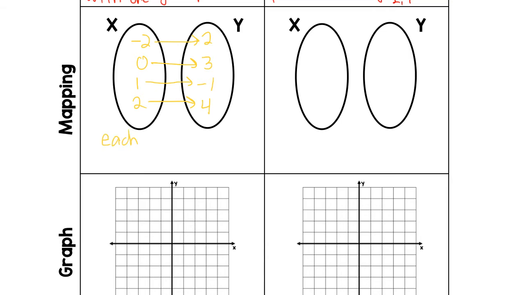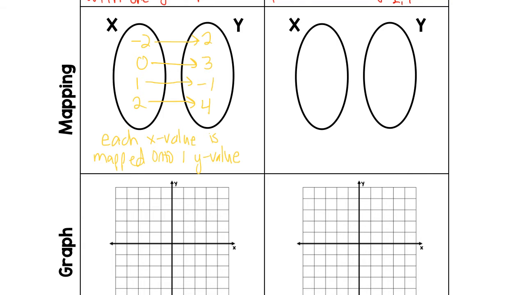That says that each x value is mapped onto one y value. Okay, yes, a function. Every x value only has one arrow coming from it.